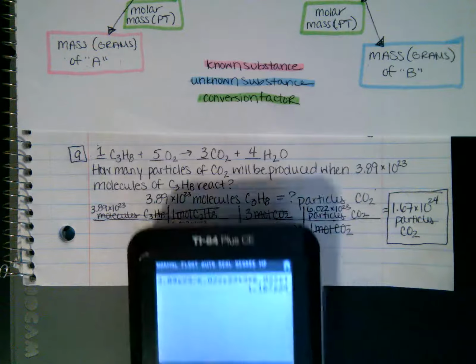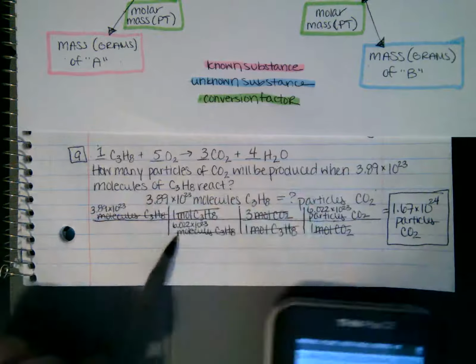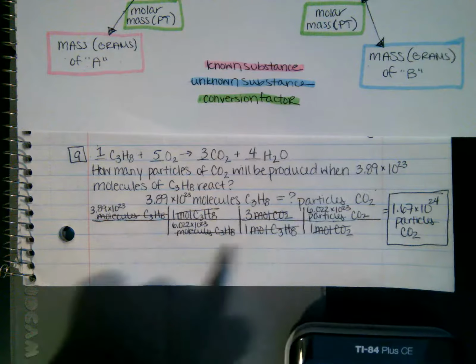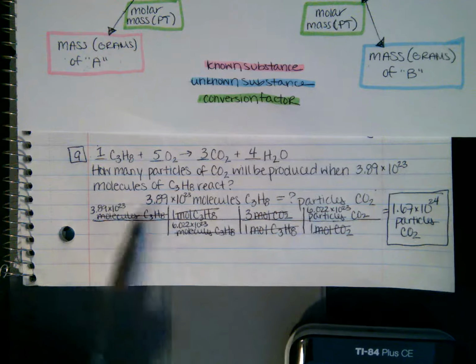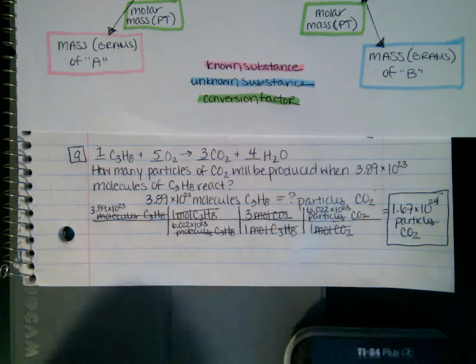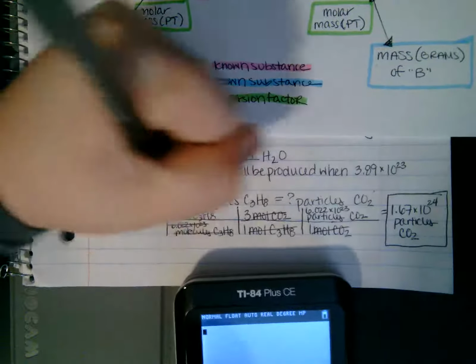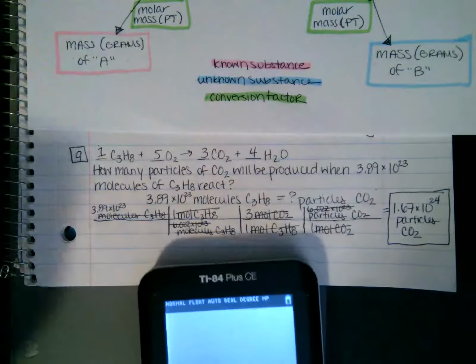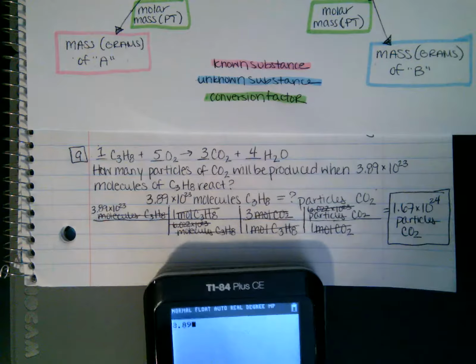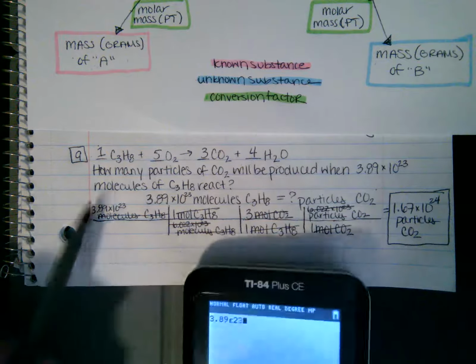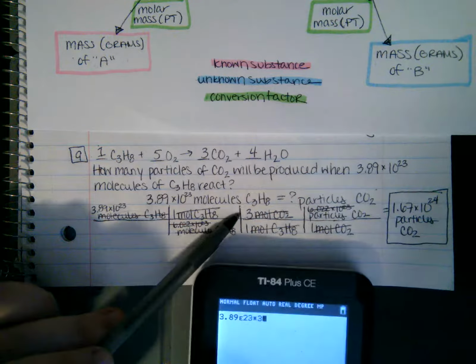Okay, let's do the calculation again, but this time we're not going to input Avogadro's number because it cancels itself out. We divided by it and then we multiplied by it again. So really, we think about those values canceling. What we're left with is 3.89 E23 times 3.